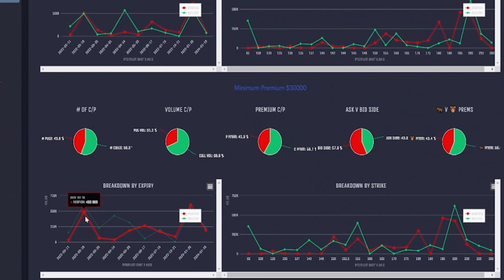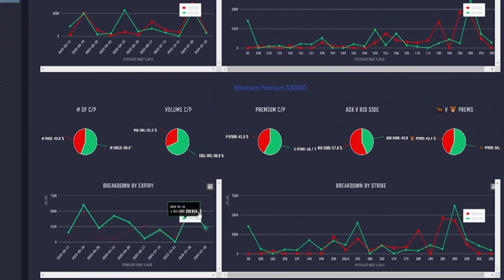We have March 18th is actually the most bought premium here, and it's very bullish, and they're going after the 155s and the 200s, right? You see these two spikes in these graphs here. It's just telling us that these are getting the most volume, and just based on expiry, this expiry on March 18th, as well as this one right here on January 1st, are getting attention, right?